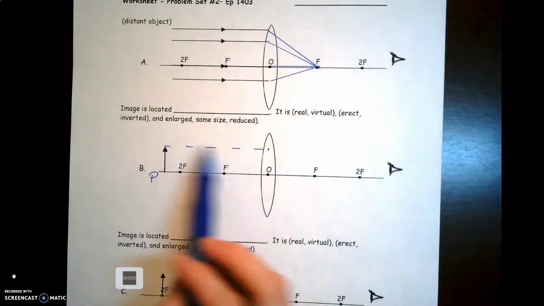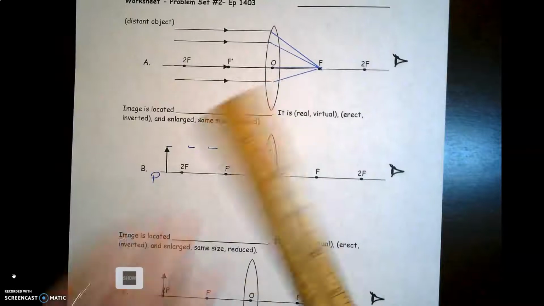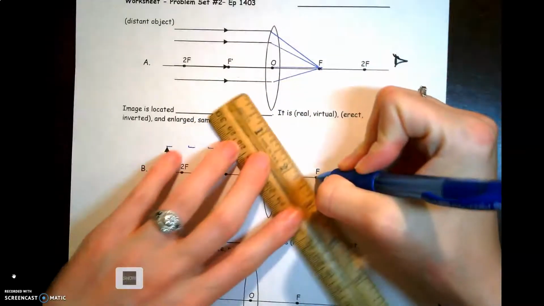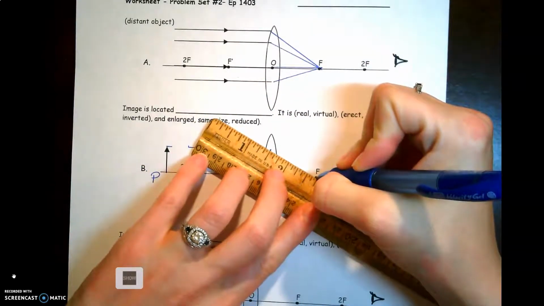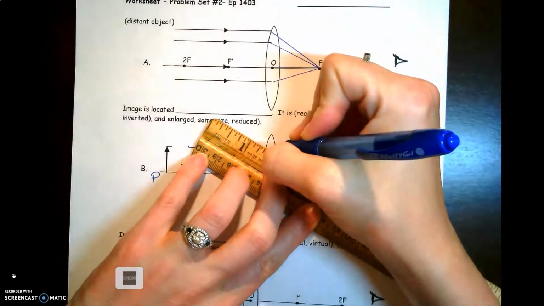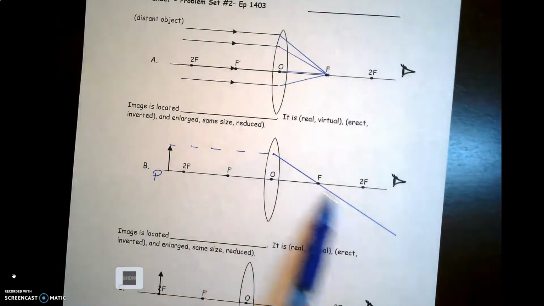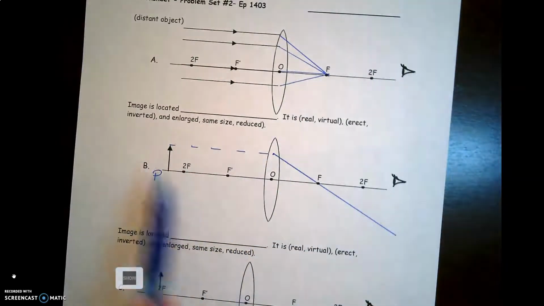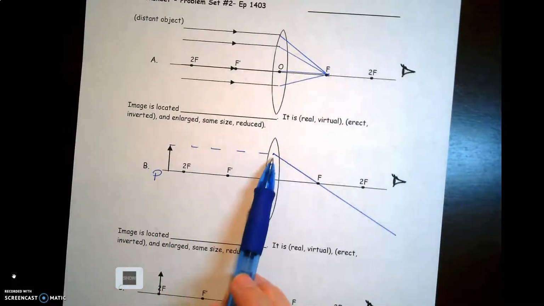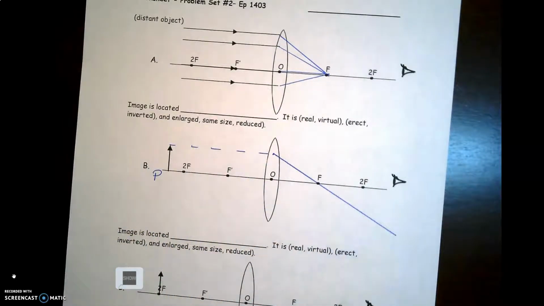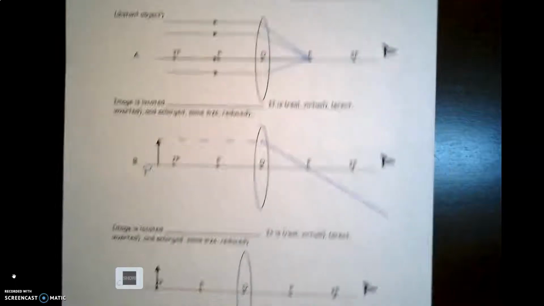So the incident ray is parallel to P, and then it goes through the lens at F. Again, we have our dotted line for our incident ray and a solid for our reflected ray.